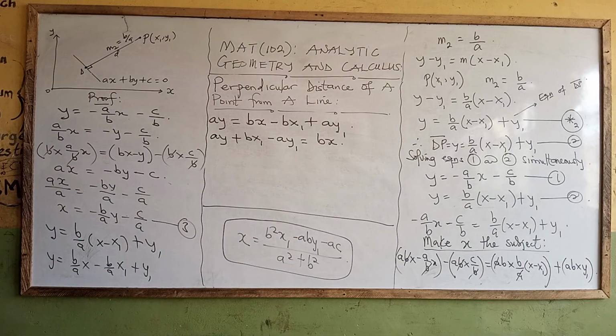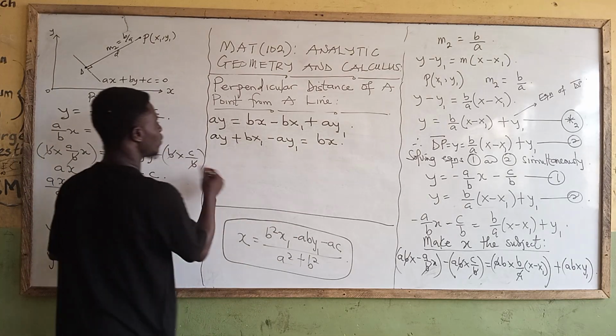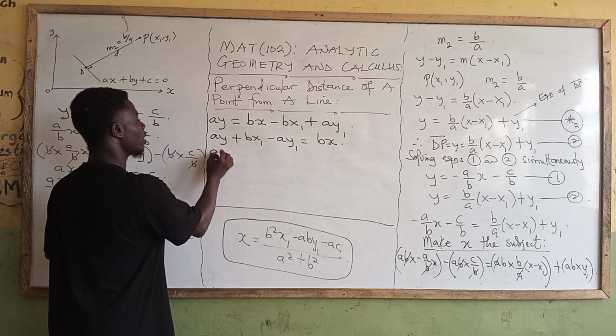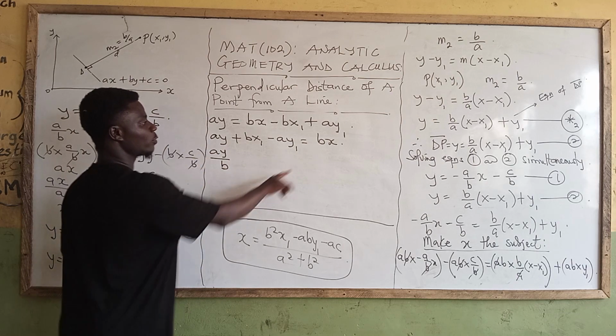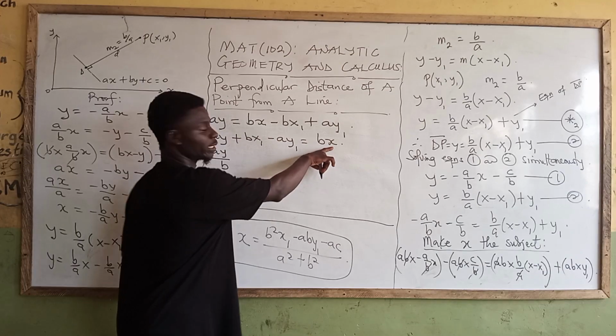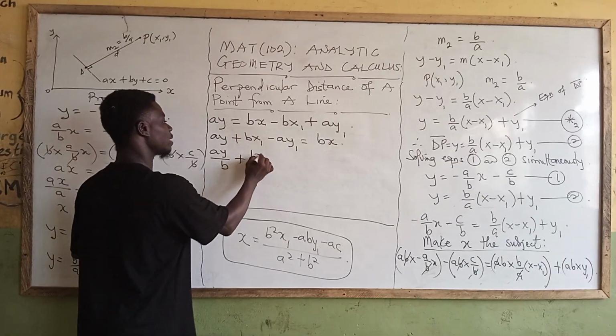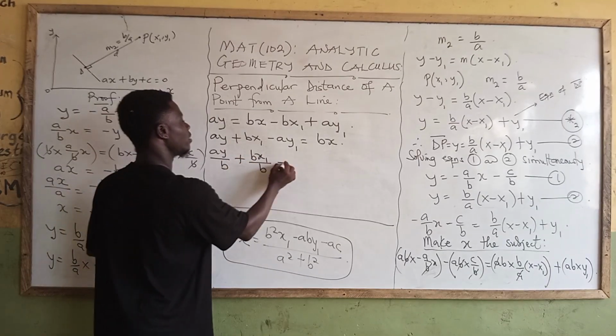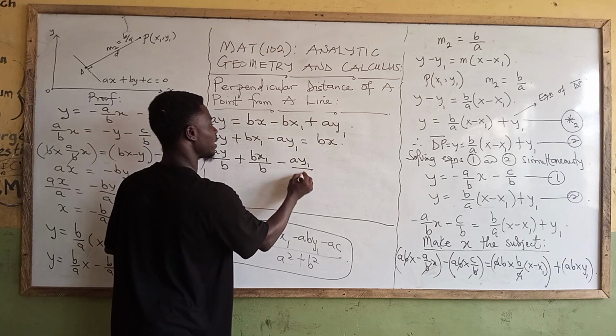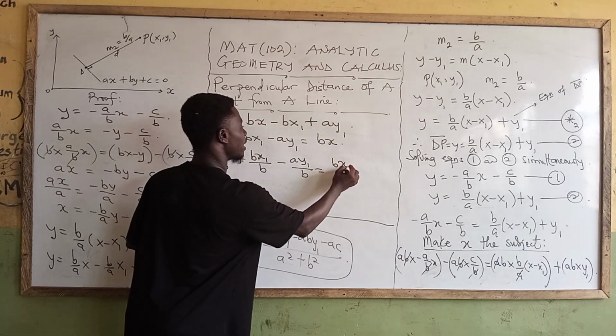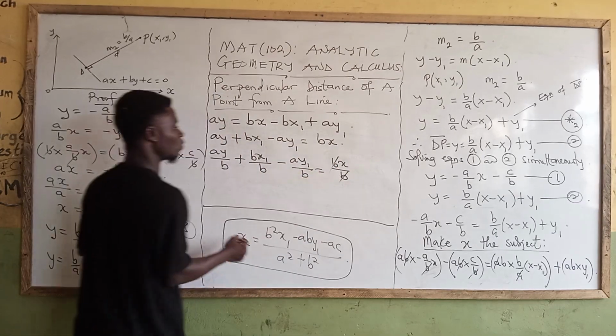So now, how best can we solve that? So I get my ay divided by b. We are dividing through by b because we want x. Then plus bx1 divided by b minus ay1 divided by b equals bx divided by b. So that this one goes off.